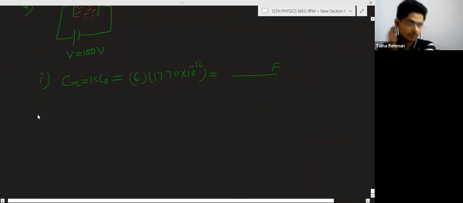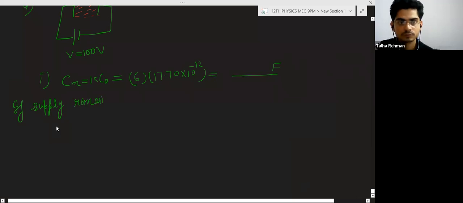Now, if the battery, if the supply remains connected, it means voltage will not change.